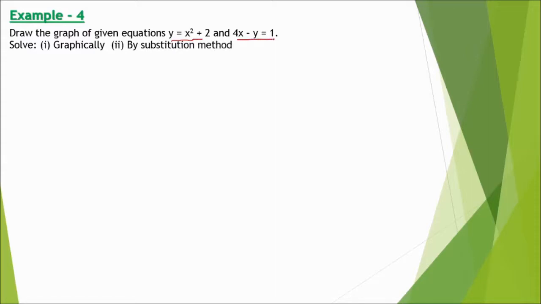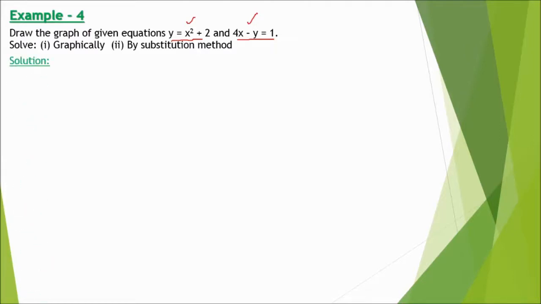We have to draw the graph of both the quadratic and the linear on the same graph paper. We are going to do this question with the graphical method and the substitution method, two methods, and at the end I'm going to ask you which method you prefer, which you find easier. The first one is a curve and the second one is a straight line. Now let's start.